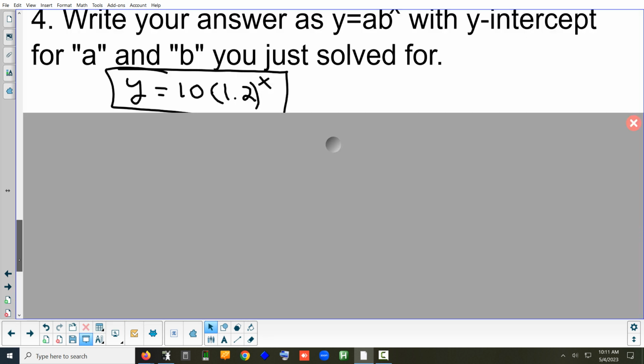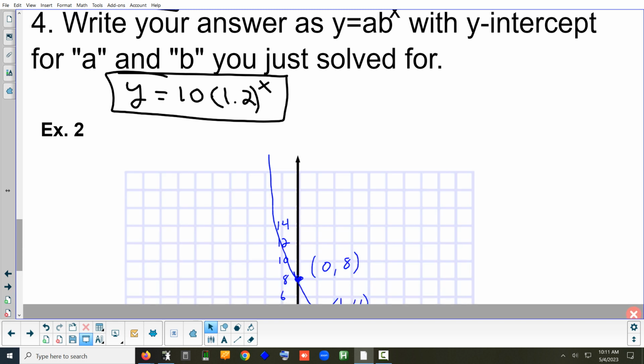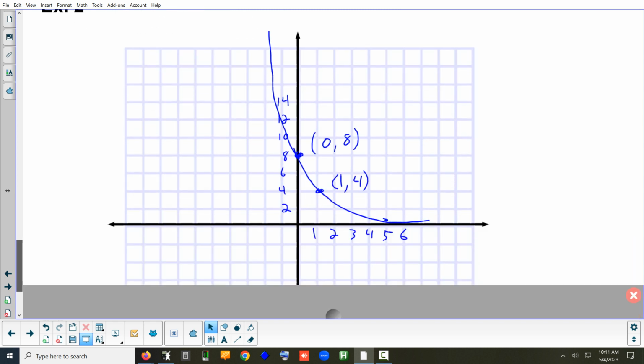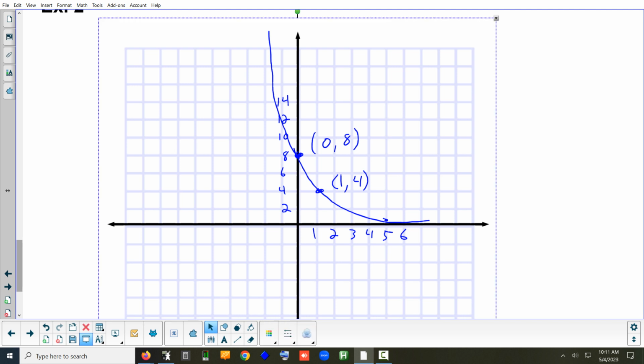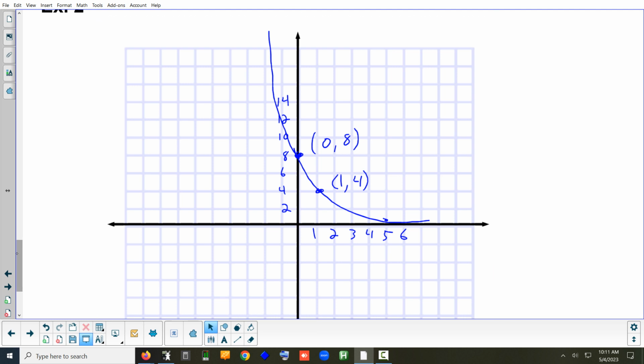All right, so let's try example 2, which is one that I'm going to let you guys try. This is on the back of your guided notes. You should be able to read the coordinates. I know it's a little small, but the first one is 0, 8 up at the top, and the lower one is 1, 4.